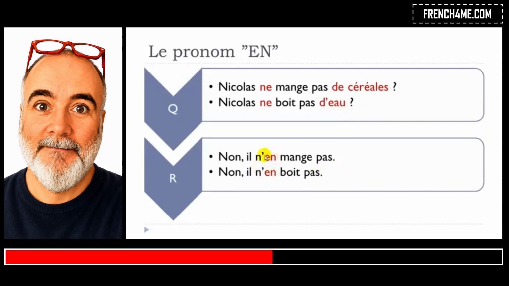You put your pronoun here and here before your verb, and then as usual in French, normally you should have your ne coming here, but then look, the pronoun is starting with a vowel, it's starting with a. Okay, so you should take this a away. All right, il n'en mange pas, il n'en boit pas.